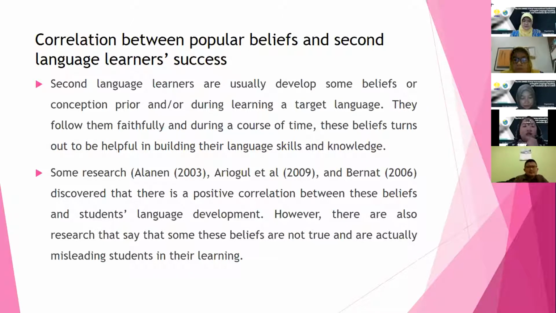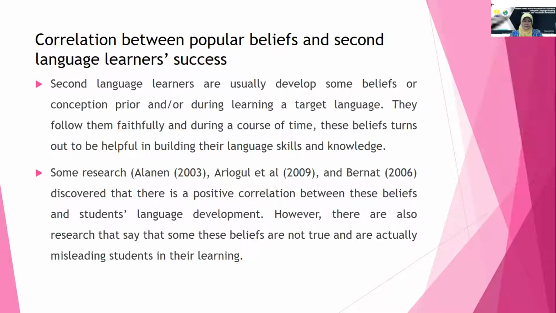The research done by Alanen, Arigo, and Bernard discovered that there is a positive correlation between these beliefs and the students' language development. However, there is also some research that says that some of these beliefs are not true and are actually misleading students in their learning. So instead of saying that these are popular beliefs, they said that this is some kind of myth that the students should not follow in their learning.